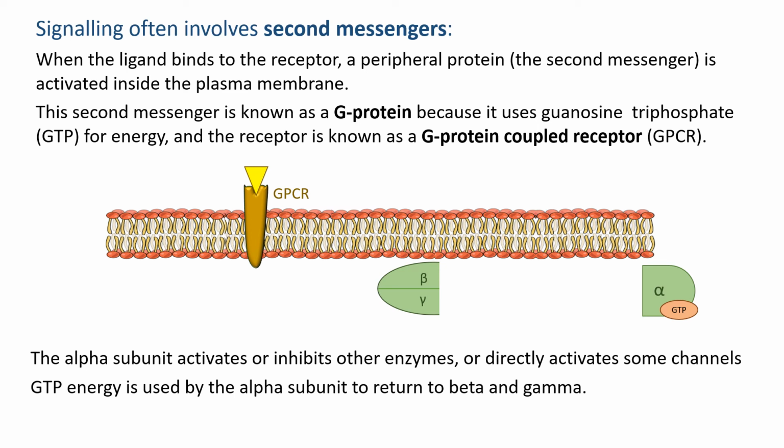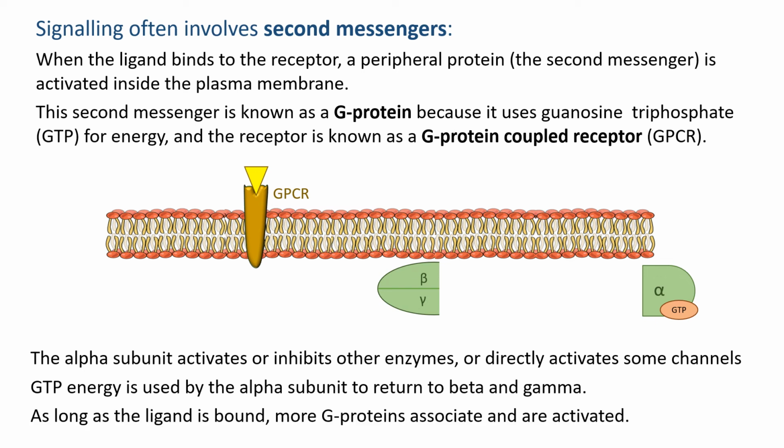The GTP, its little purse of GTP, it hydrolyzes that to release energy, just like our pumps and ATP, to release energy to allow it to return to beta and gamma once it's performed its role. As long as the ligand is bound, more G proteins associate and are activated.